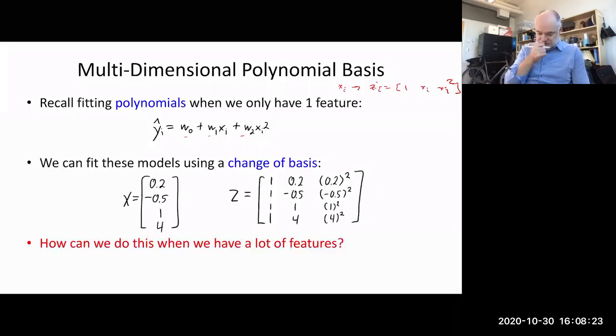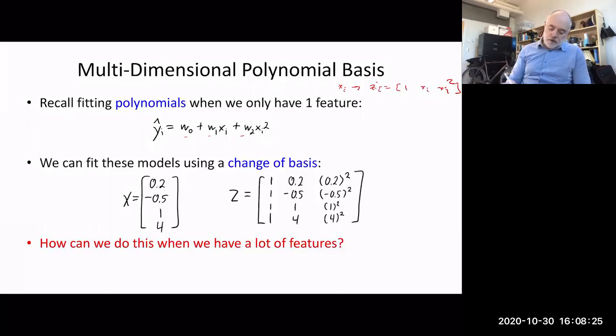So we took our original theta, then we built x_i to the 0, x_i to the 1, and x_i to the 2.